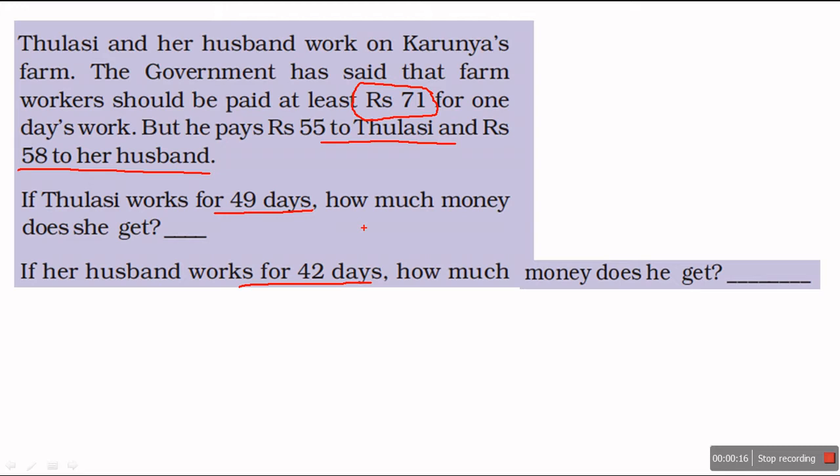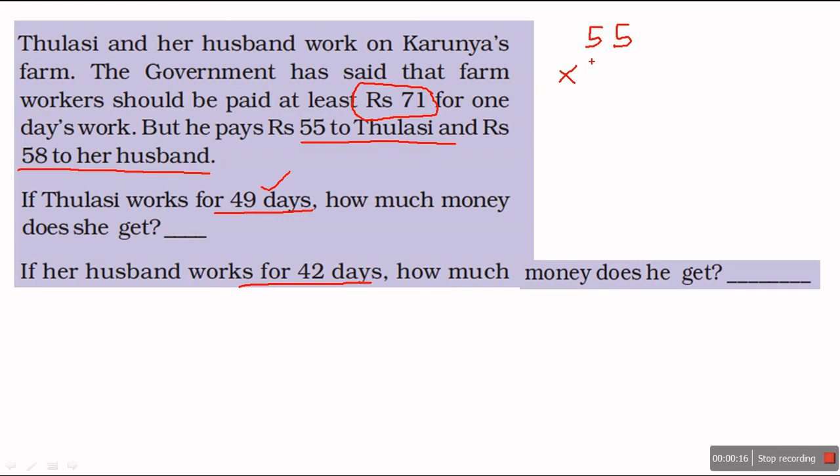So anyway, now if Tulsi works for 49 days, how much does she get? Tulsi is getting rupees 55 for one day, means 55 multiplied by how many days she worked? 49 days.